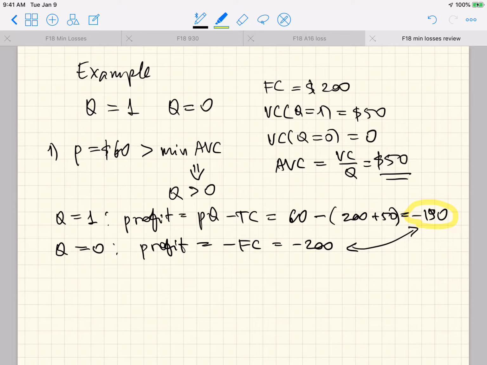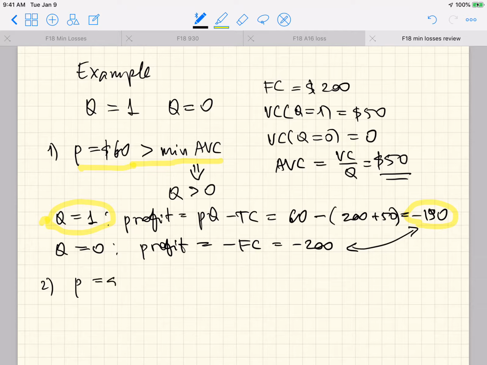So we pretty much illustrated that, yes, as long as price exceeds minimum AVC, your best choice is to keep your company running. And it's actually, if you think about it, quite intuitive, because if your price exceeds your average variable cost, it means that you're covering that cost, right? And actually keeping some profit made on it. So whatever you make on top, above your variable cost, will help you to offset some of your fixed cost losses.